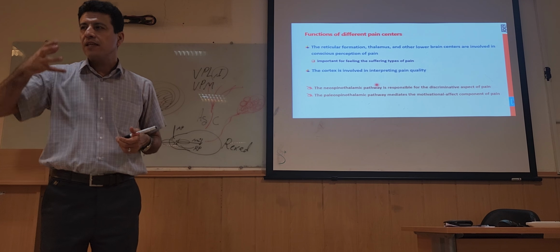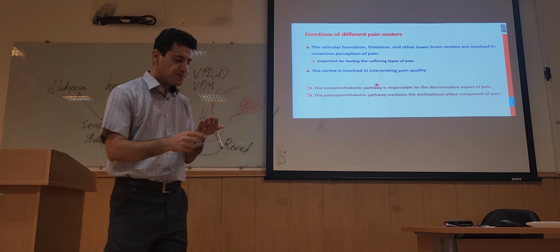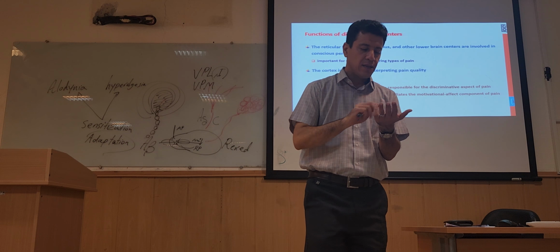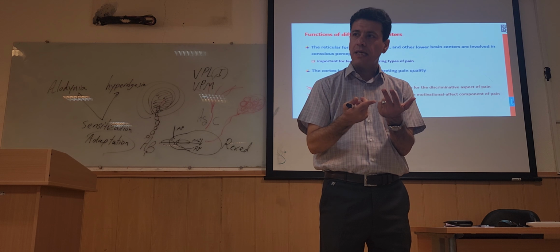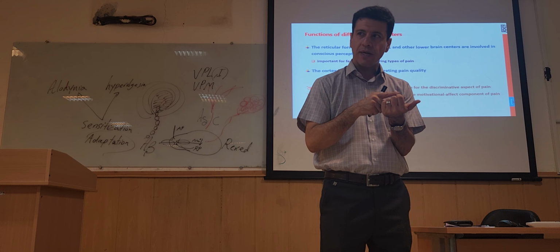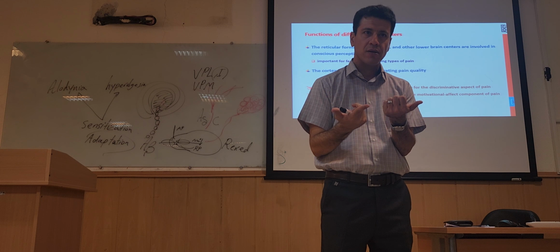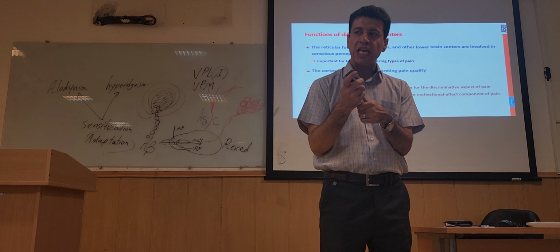I told you before that if you remove somatosensory area 1, the patient cannot feel touch, cannot recognize vibration, cannot judge the weight of objects, cannot judge the level of pressure, and cannot even recognize the shape of objects held in the hand.